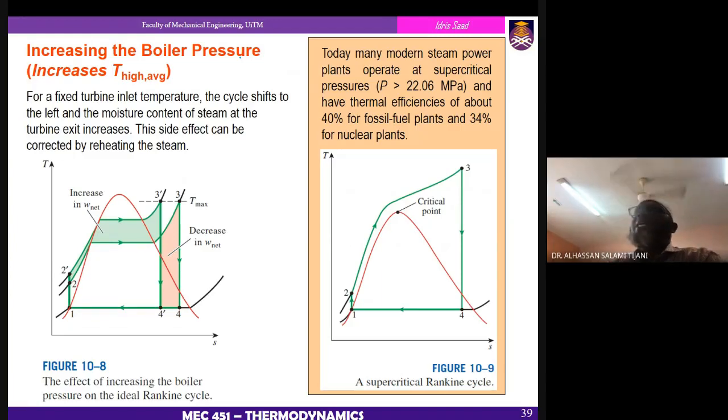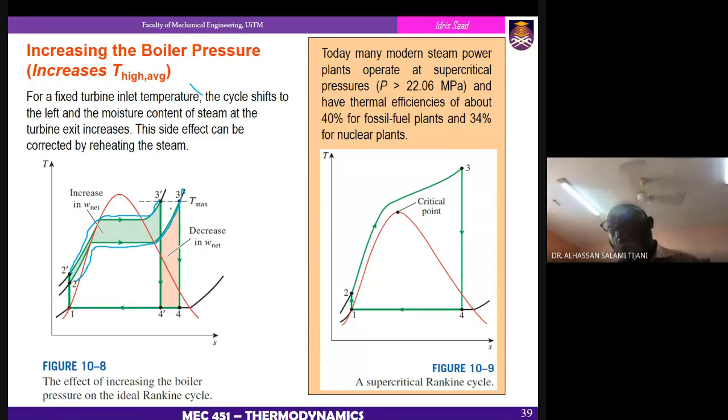And then we have increasing the boiler pressure. How do we increase the boiler pressure? So this is our initial pressure line, the constant pressure line for the boiler. If we increase this pressure, it means we will be operating along this direction.